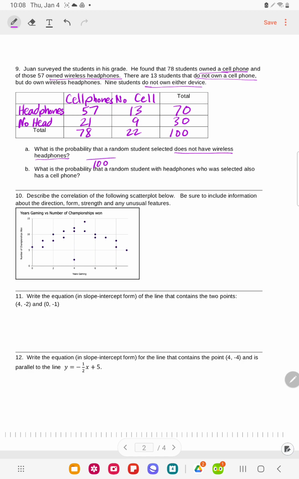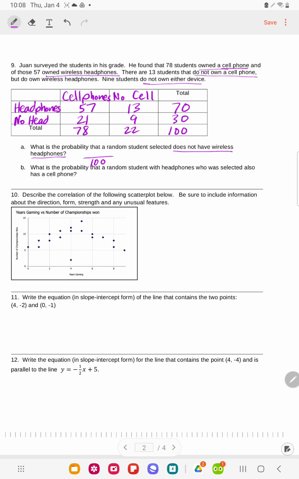And of those 100 students, how many do not have wireless headphones? So no headphones, that's a total of 30. So 30 out of 100 is the same thing as 3 over 10, or 30%.